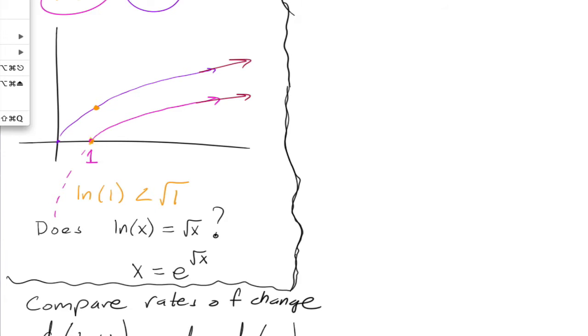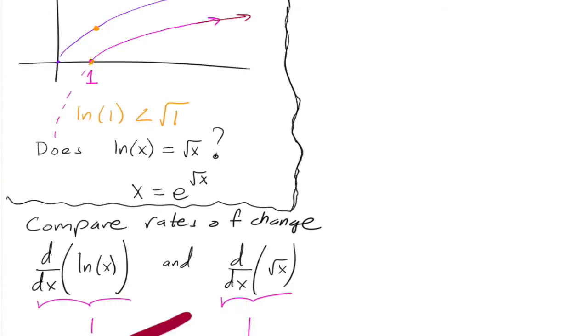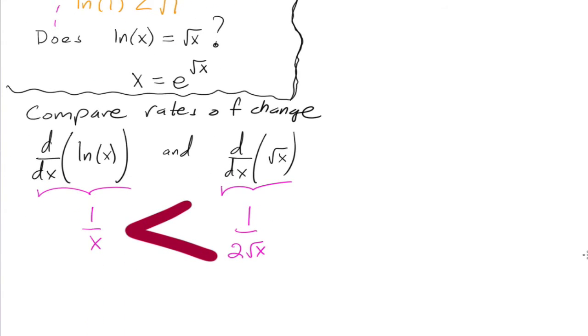Yeah. x is 4. Aren't they the same or something? The rates. When x is 4, these are the same.